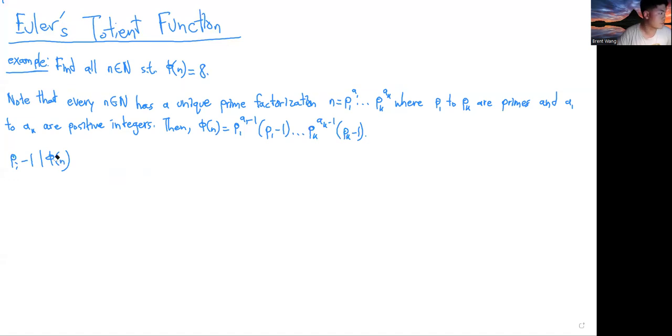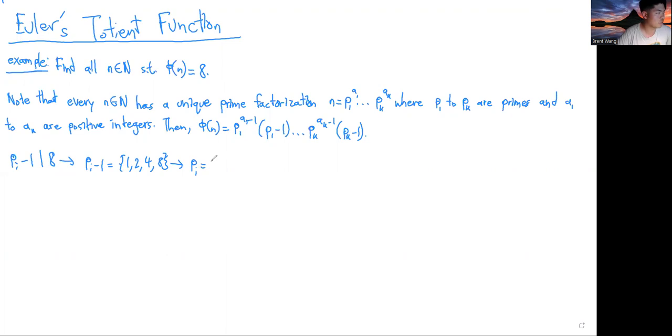So in this case, pi minus 1 divides 8, right? And what are the numbers that divide 8? Well, then pi minus 1 is equal to 1, 2, 4, and 8, because these are the four numbers that divide 8. So then we can add 1 to each because we want to isolate pi by itself.